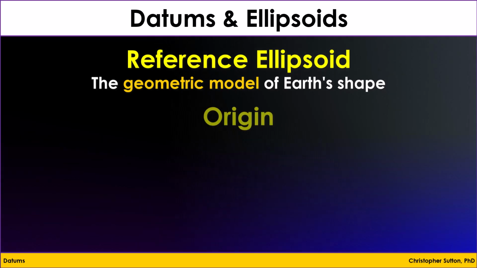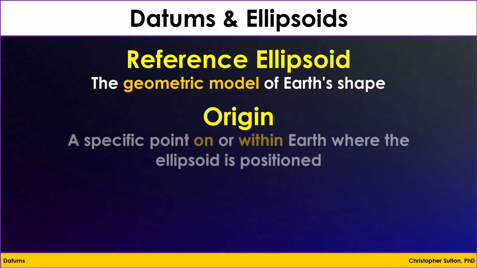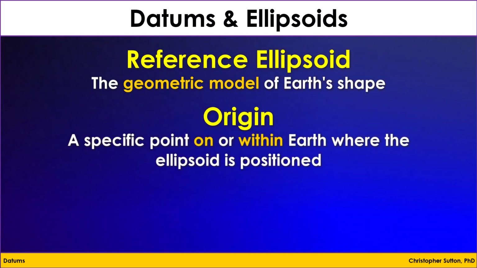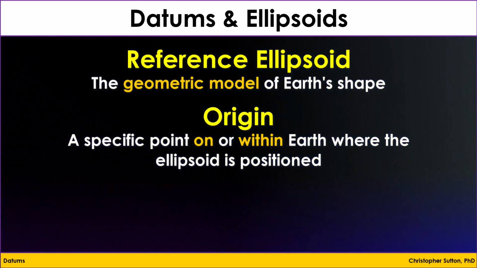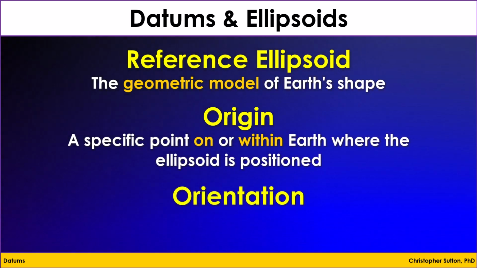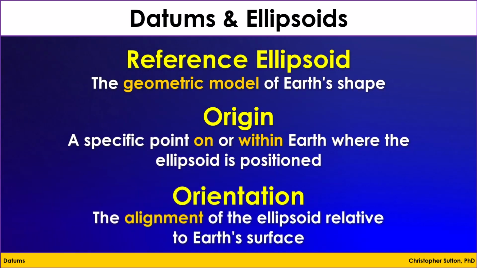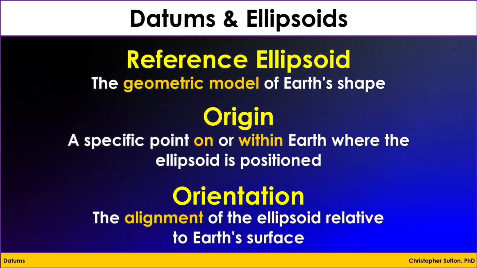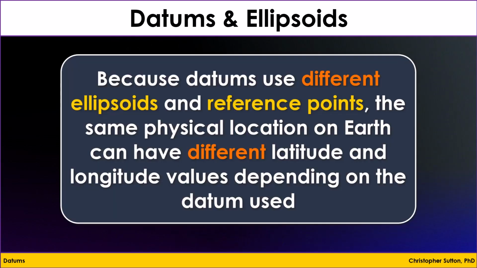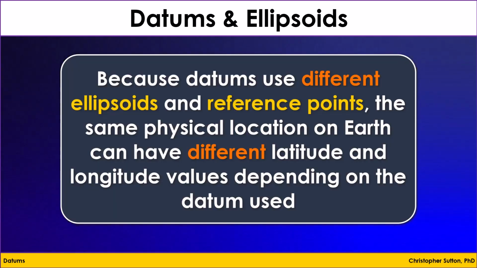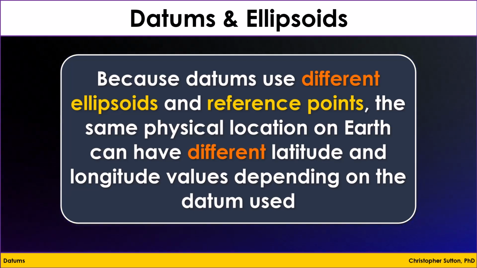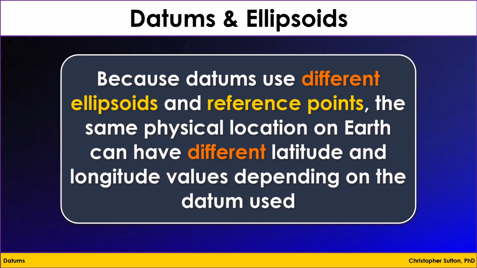A datum has an origin, which is a specific point on or within Earth where the ellipsoid is positioned. A datum also has orientation, which is the alignment of the ellipsoid relative to Earth's surface. Because datums use different ellipsoids and reference points, the same physical location on Earth can have different latitude and longitude values depending on the datum used.